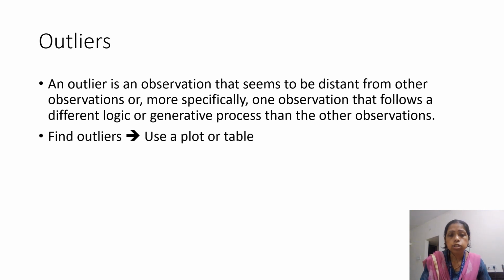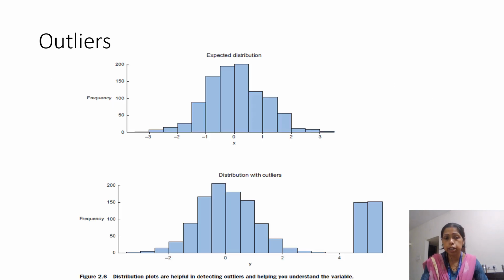Okay, outlier, we have already discussed this. We can see the outlier while plotting the graph, and there is a distribution graph. In the distribution graph also we can see whether the data is actually an outlier or actual real-time data.